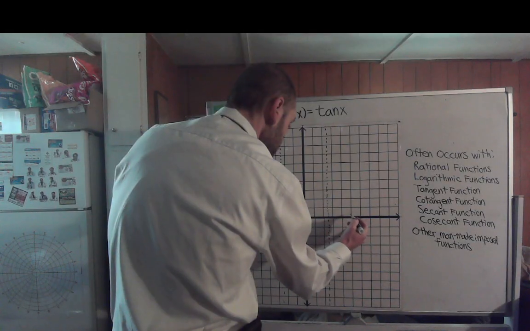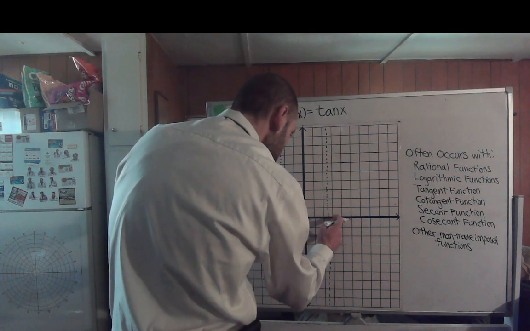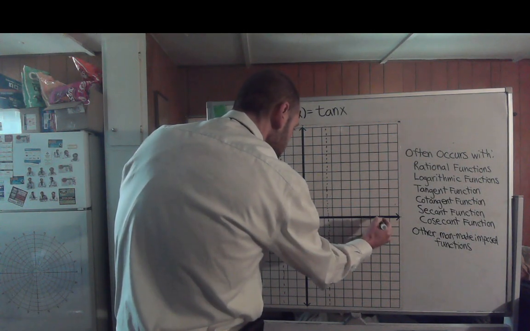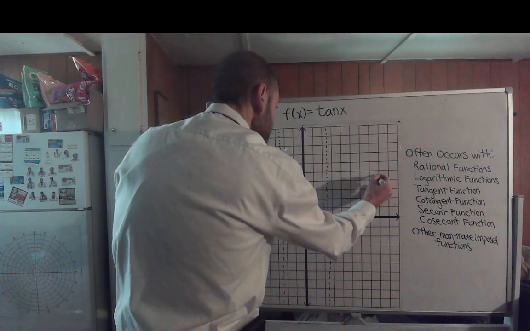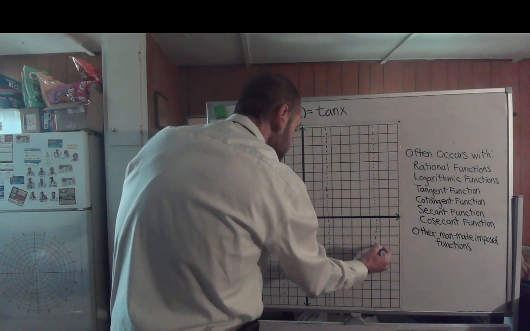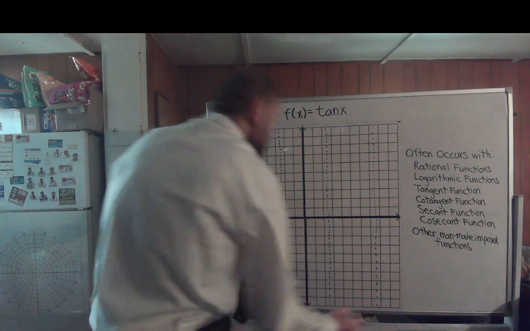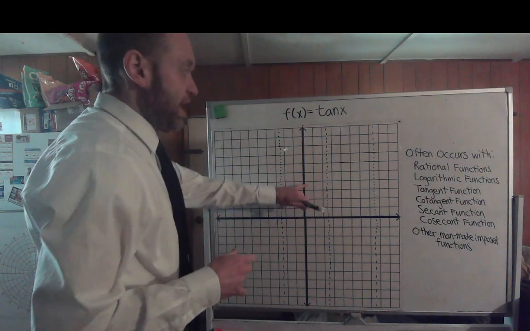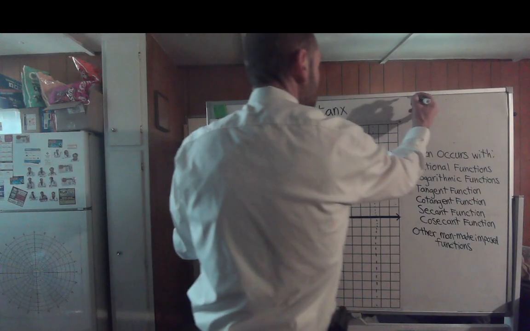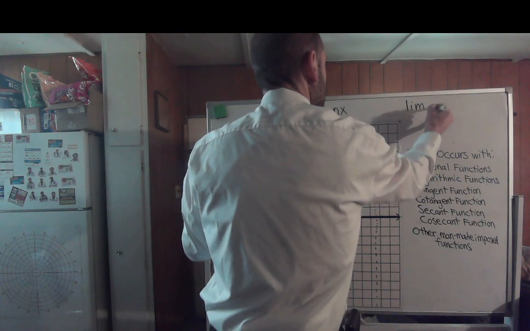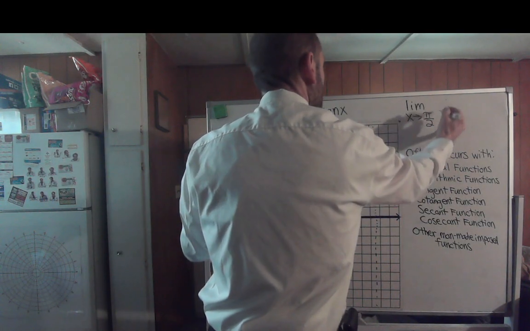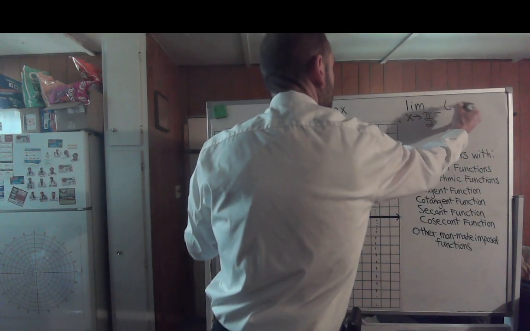So here's, let's see, 3, 4, 5, there's pi, 6, 7.5, which would put me at 3 pi over 2. Okay. So I'm just going to do a little bit of graphing for the tangent of x. I'm not going to do 2 full periods. We want to take the limit as x approaches pi over 2 from the left of the tangent of x.